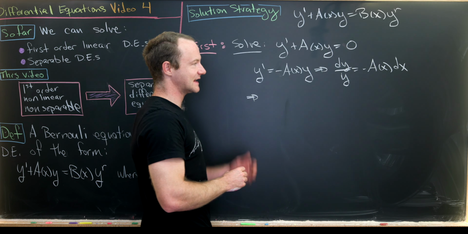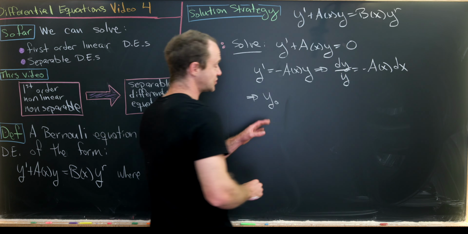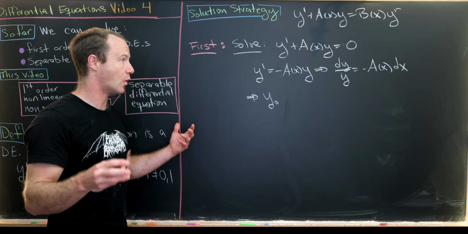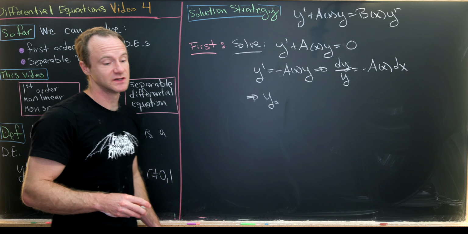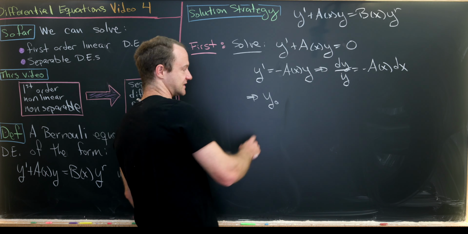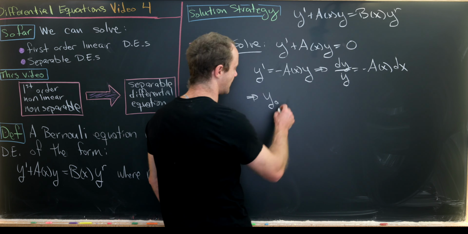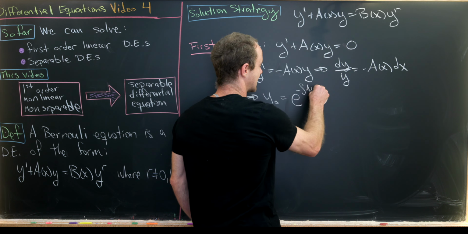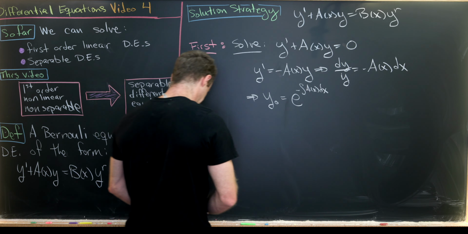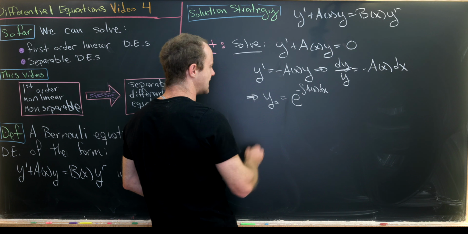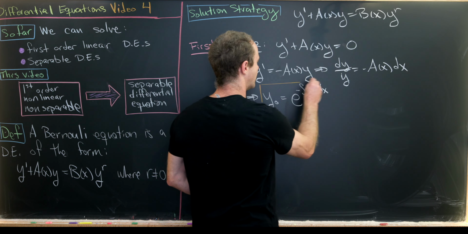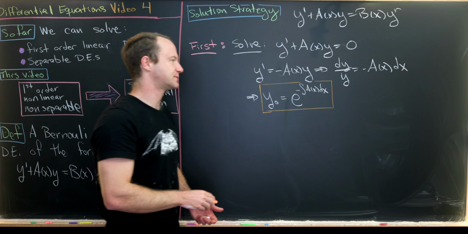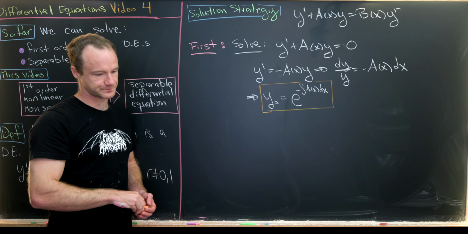In fact, taking the antiderivative and then solving for y, which I'll skip because it's covered in previous videos, gives us the following equation for the solution to this associated homogeneous equation. So we have y naught, I'll call that the solution, is equal to e to the minus antiderivative of a of x dx. So that should look kind of familiar to something we did before when we were solving first order linear differential equations, but it's playing a different role here.